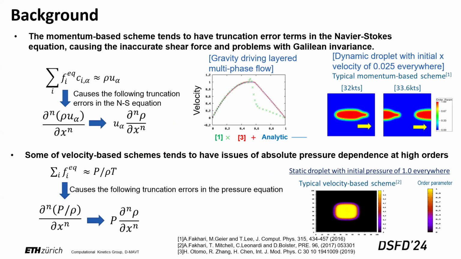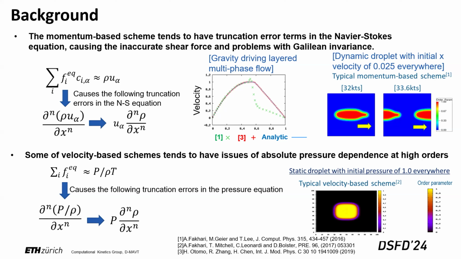First, the momentum-based scheme. As mentioned, the first moment leads to rho u, the momentum. According to the Chapman-Enskog expansion method, we can expect that this kind of term can be seen in the truncation error. This is a higher order term of more than second order, and because of the chain rule, this kind of term causes problems.